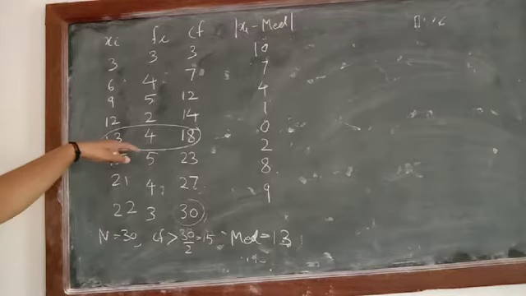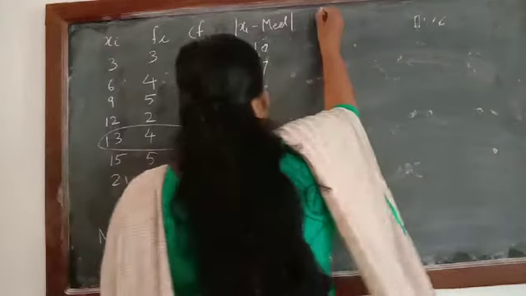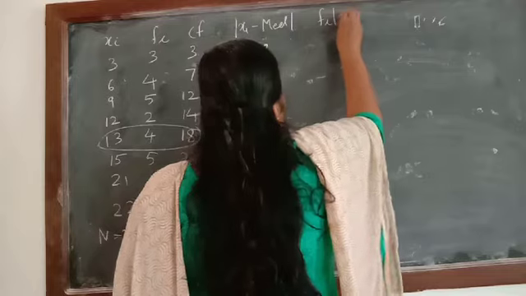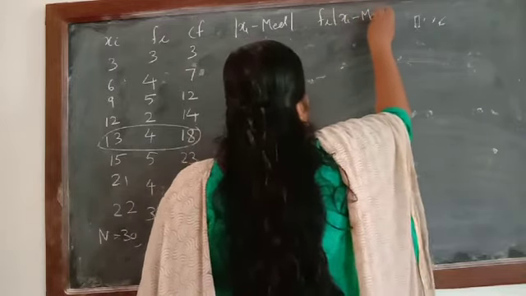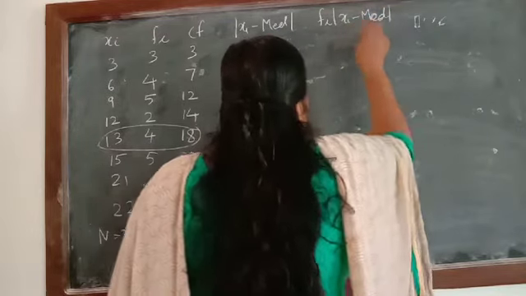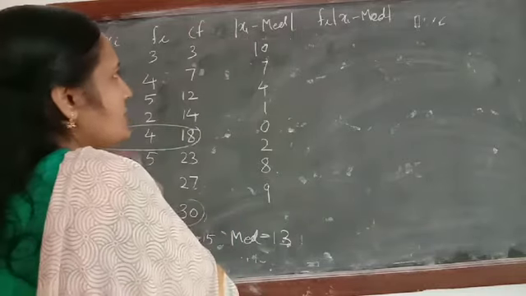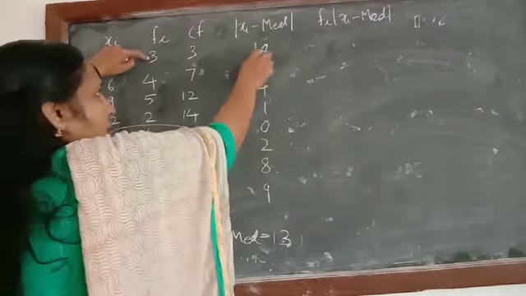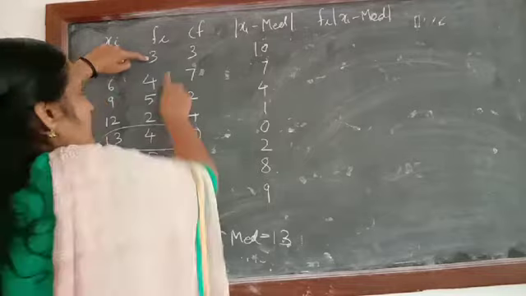And since the frequencies are given, what will be the next column? Yes, fi into modulus of xi minus median. This is fi and this is modulus of xi minus median.